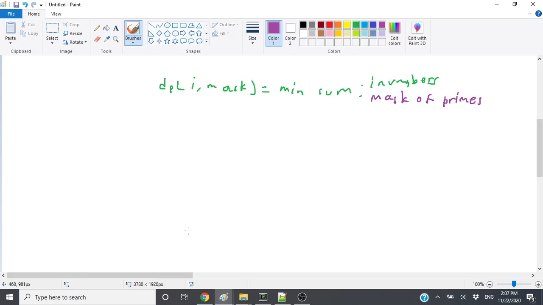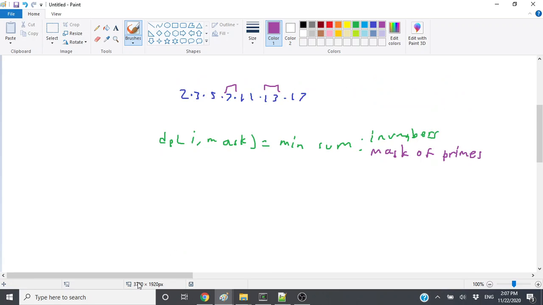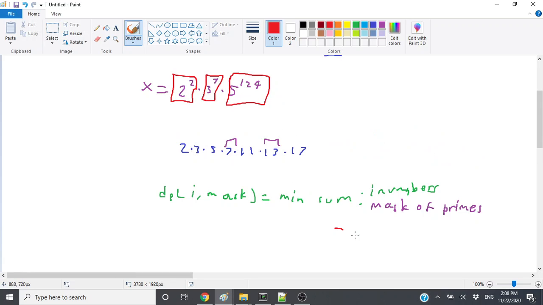Yeah. But if you want to see the bitmask DP solution, you have the first i numbers and you have a mask of primes that you've already taken. Then the transition is just take more primes or don't. And then you add that to the sum and you continue.